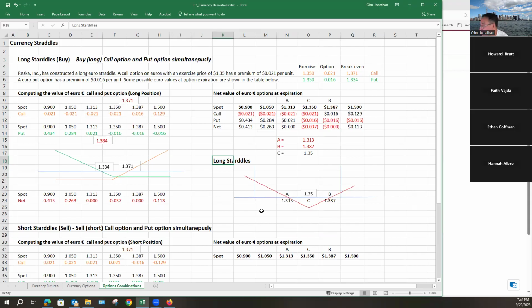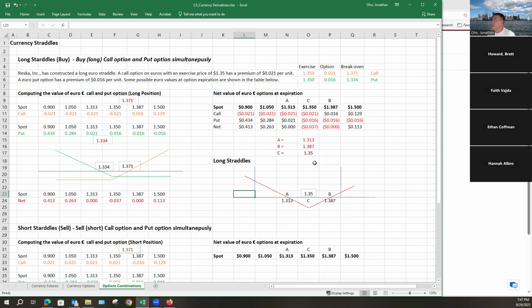So what's the meaning of this? This long straddle strategy should be used when investors' projection is, like for the future British pound option or the euro, that the future euro will be highly volatile, meaning far from this center, either this way or this way.